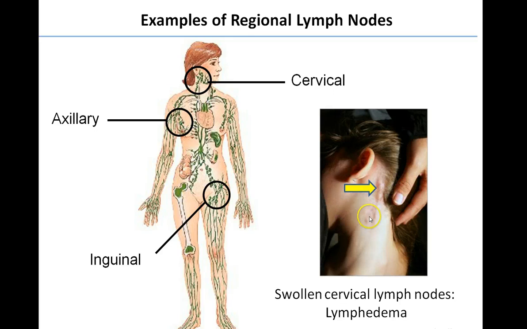Here's an example where the cervical lymph nodes, some of them are responding to an infection, and you've got this swelling occurring, and that's typical of where there's an infection occurring and the lymph nodes are activating an immune response against it.